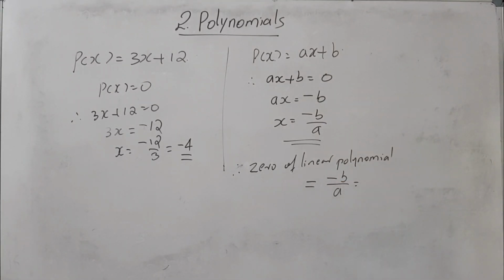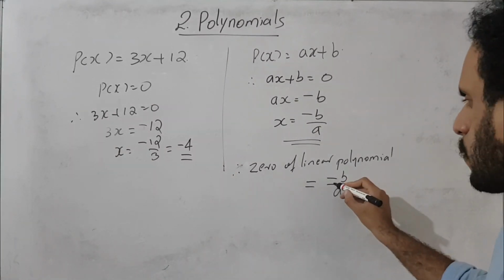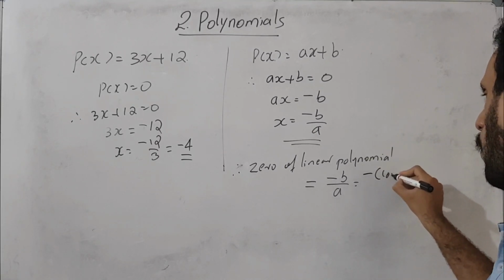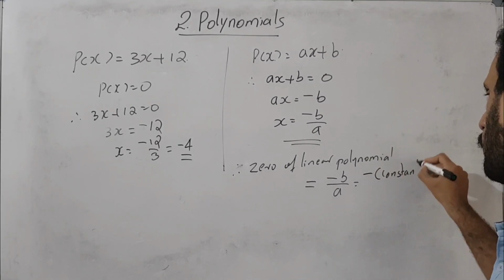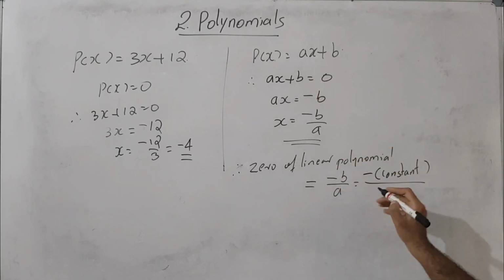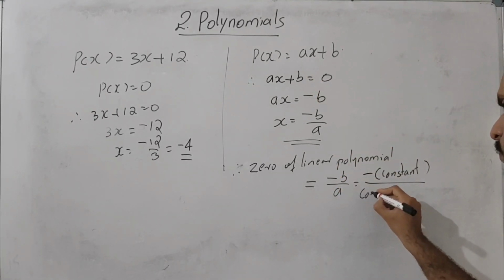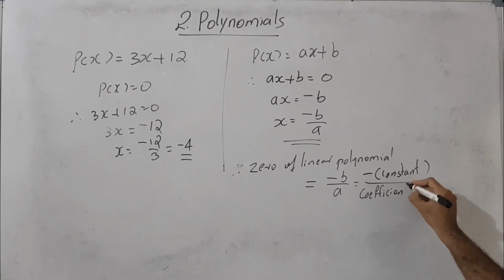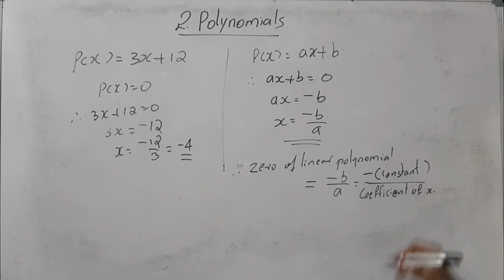What is minus b by a? The minus b by a means minus of what is b? Constant. Minus of constant, divided by what is a? a is the coefficient of x.